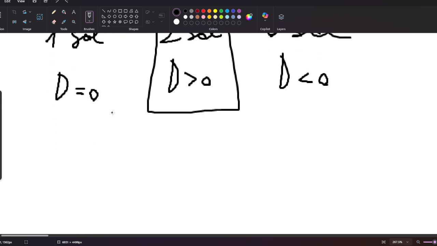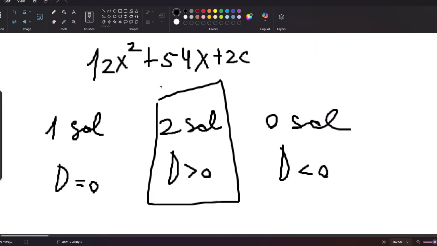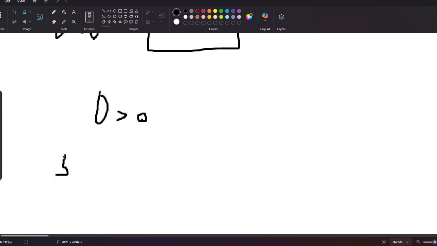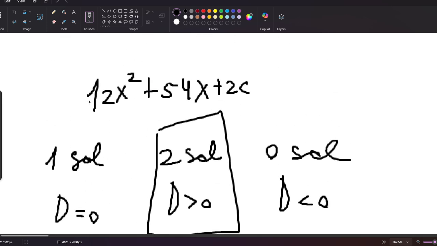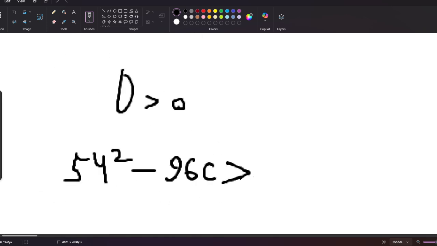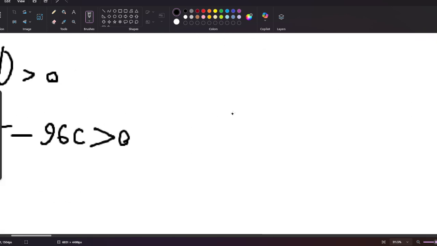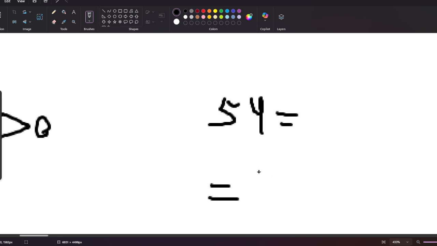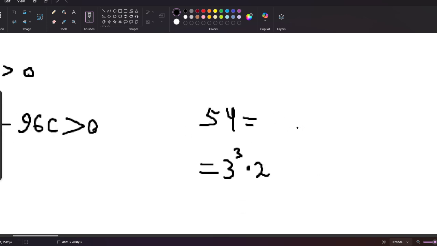Okay, so let's find when the discriminant is going to be greater than 0. To find the discriminant, we square 54, and we subtract 4 times 2 times 12 times c. That's going to be 96c, greater than 0. Now let's factorize 54 and 96. 54 is gonna be 27 times 2, so just 3 cubed times 2.